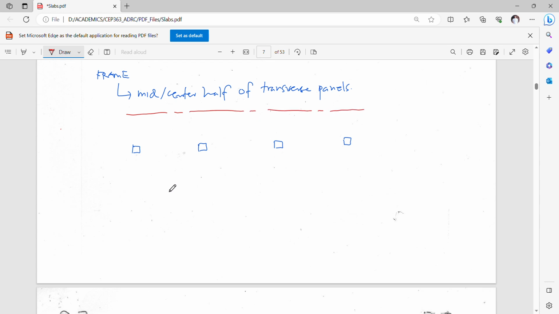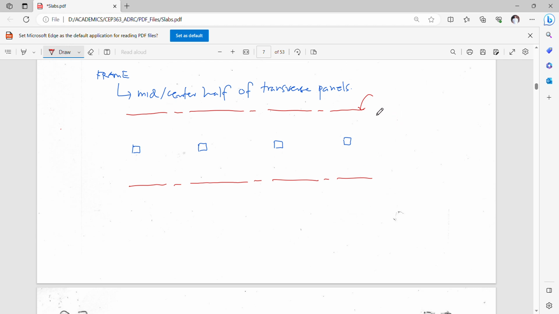So this dictates the boundary of your frame strip. This boundary is what you call the mid half or the center half of the transverse panels at both sides of the column.